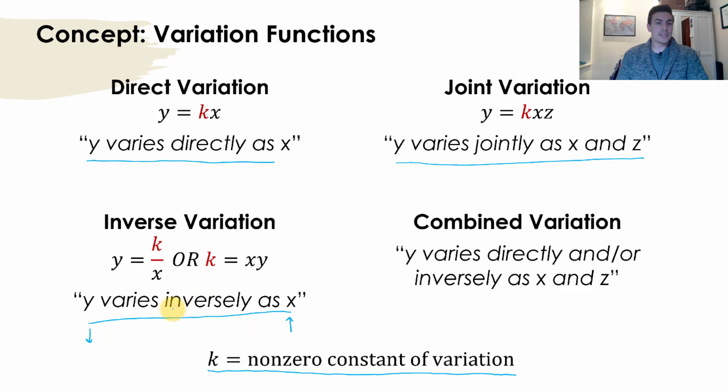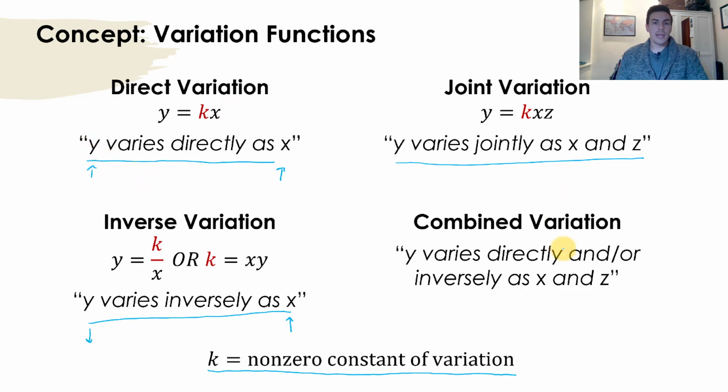That's why we say inverse variation, because they're going in opposite directions. Over here, as x goes up, y also goes up. If we plug in 1, we're just going to get whatever value k is for y. But if I plug in 10,000, so x goes way up, then y is going to go way up as well.